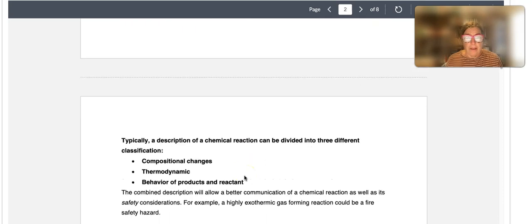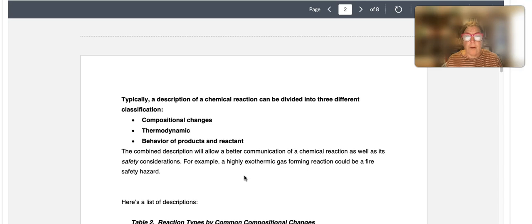And they also ask for each reaction, what kind of reaction was it? And they want you to tell us what kind of compositional change it was, whether it was exothermic or endothermic, like exothermic giving off heat, endothermic absorbing heat, and what are the behavior of the products and the reactant.